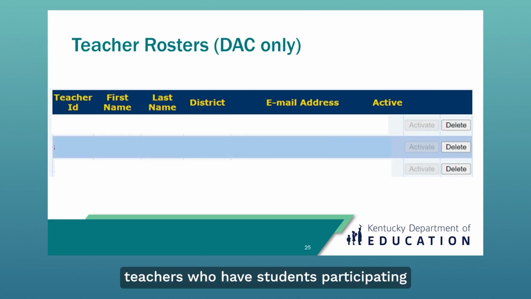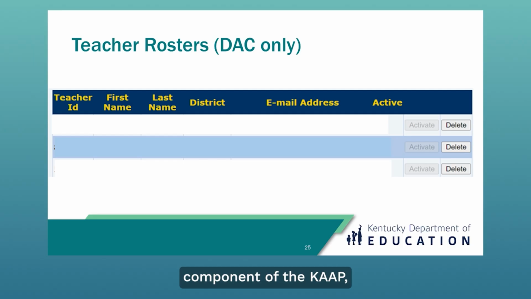All the district's teachers who have students participating in the post-secondary career readiness component of the CAP will appear in the teacher roster. If the teacher has passed the required quizzes prior to the CRD opening, then teachers will be automatically activated in the CRD. DACs can no longer activate teachers, and therefore their activate link is grayed out or unavailable.